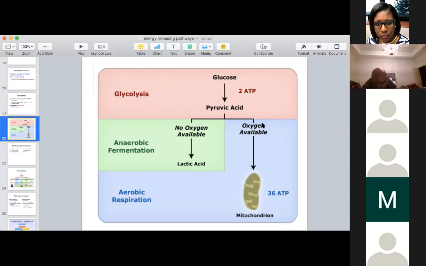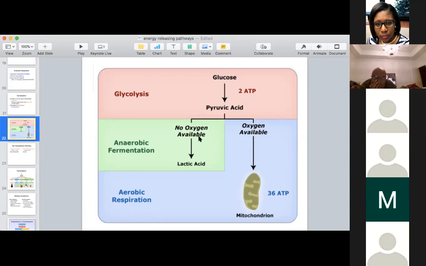If oxygen is available, then we continue into the process we call aerobic respiration, also known as cellular respiration. That process commences in the mitochondria, and we will have an overall net yield of 36 molecules of ATP at the end of breaking down 1 molecule of glucose.